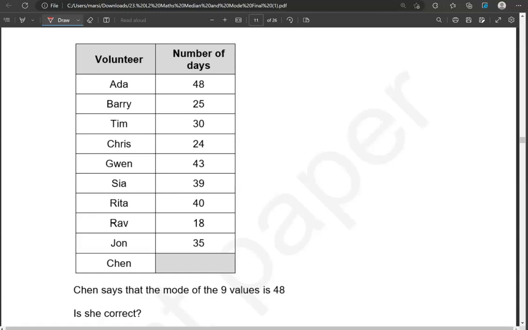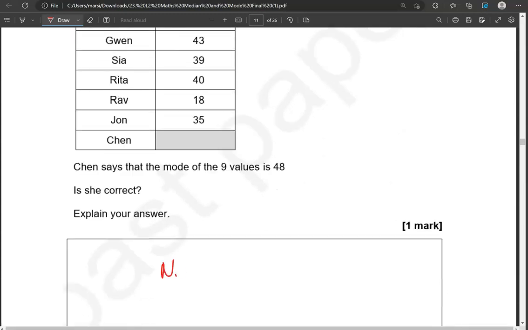So for these 9 values that we have here, 48 appears only once, and 25 only once, 30 the same, 24 the same, 43 the same, 39, 40, 18 and 35 the same. So there is no mode at the moment, because all of these values only appear once. So we're going to say no, there is no mode.